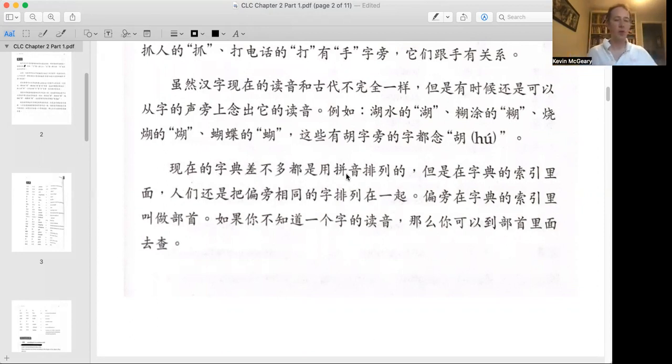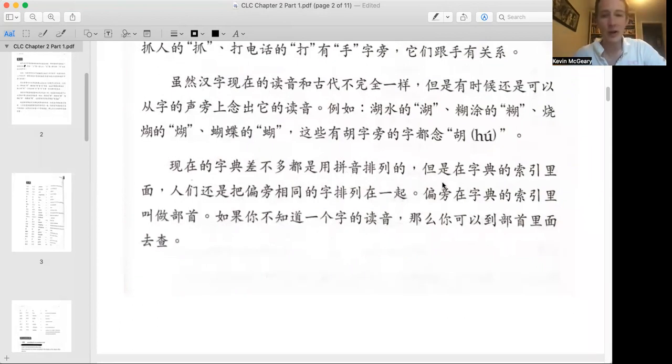So pinyin is the Romanized system to order the words. Anyway, when you want to look up a Chinese word, you simply look it up alphabetically as you would in a European language. But when you see a character you don't know, you don't necessarily know how to read it out loud. So there are ways around that.